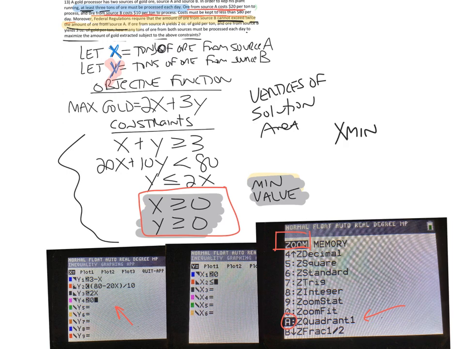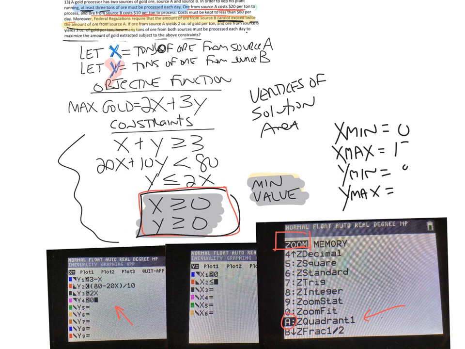What that's going to do is make the minimum values 0, so my x and y mins are going to be 0, and that corresponds to these 2 minimum value inequalities. And your calculator makes the maxes about 13. It's been programmed when you go to zoom and then A to graph up to about 13 for both the x and y axis.